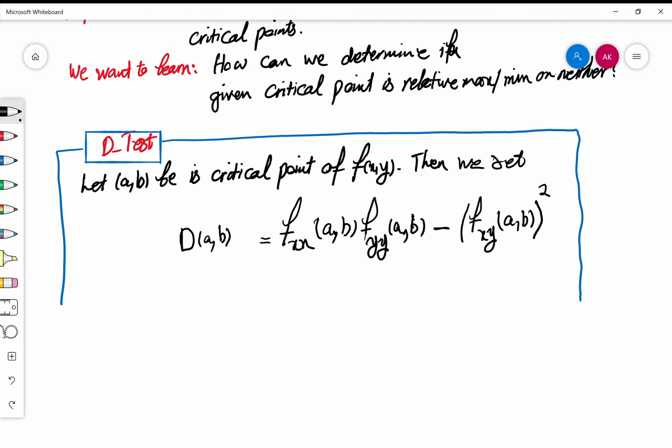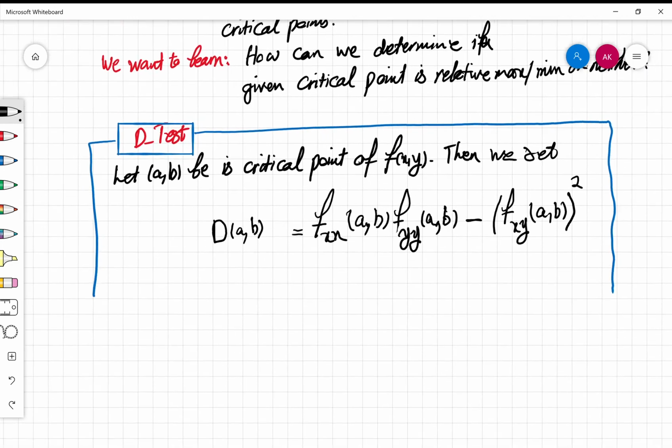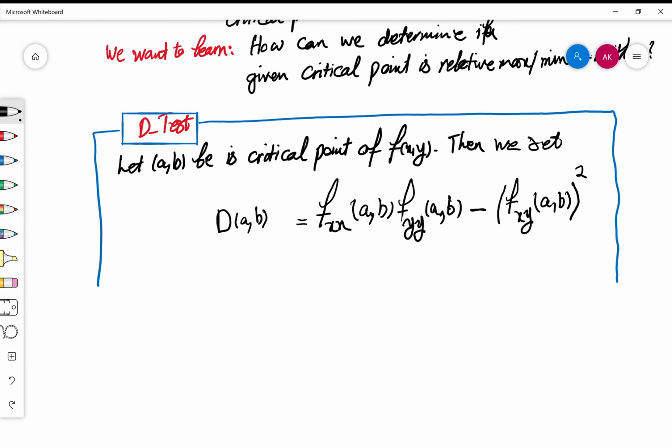Okay, so we set this D, we define that, but then we are not done. We are just at the beginning of the story. How is this D going to tell us which one of the critical points is relative max, min, neither? Okay, so there are three cases.